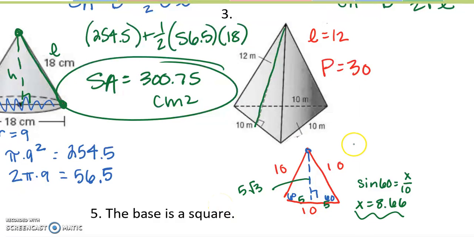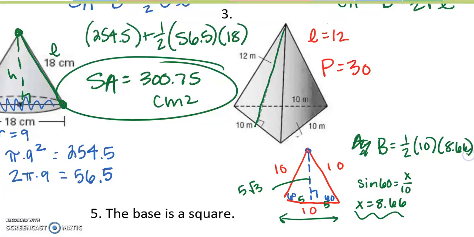So to get our area of the triangle, again, the area of the base, so I'm going to go ahead and write the capital B here. I'm going to take 1/2 times the base of this triangle, which is 10, times the height of that triangle, which is 8.66. And that gives me a capital B of 43.3.